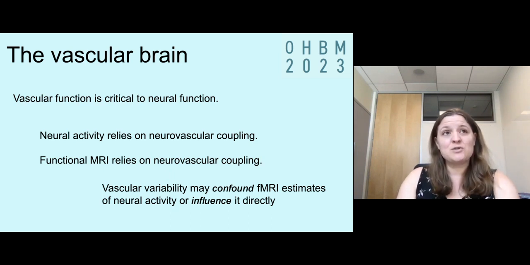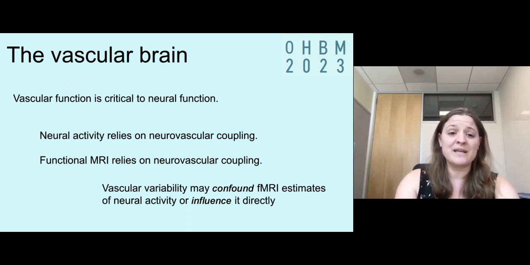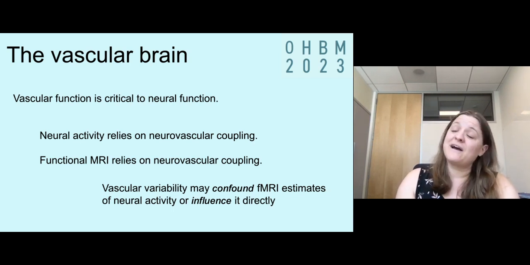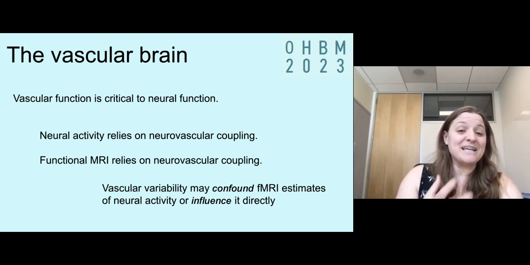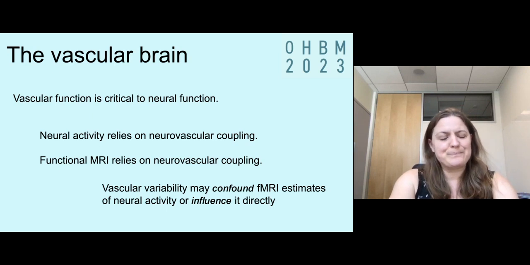And we need to have an understanding of neurovascular coupling and a model for it in order to infer neural activity from the fMRI time series. So overall, any vascular variability could confound our fMRI estimates of neural activity, or it could actually influence neural activity directly, and that will be the theme of the talk.